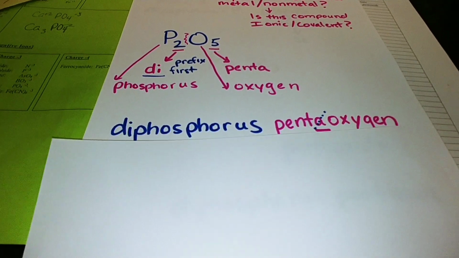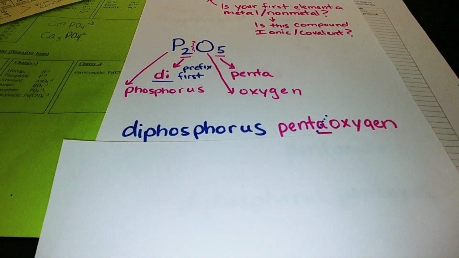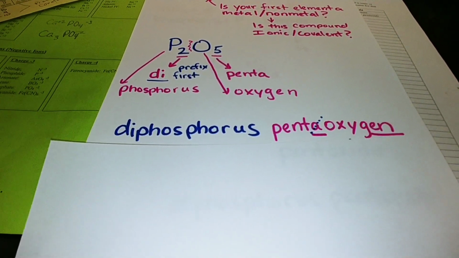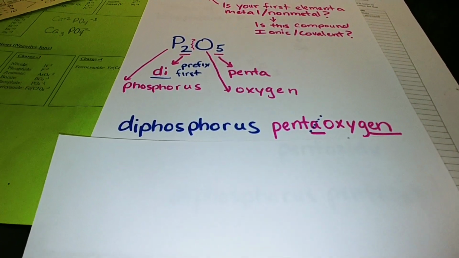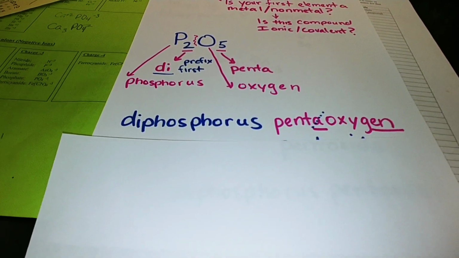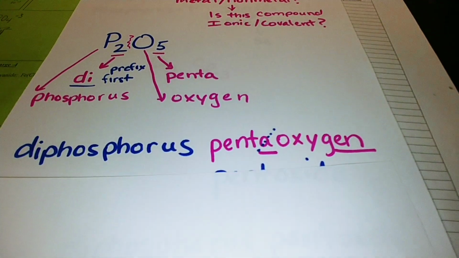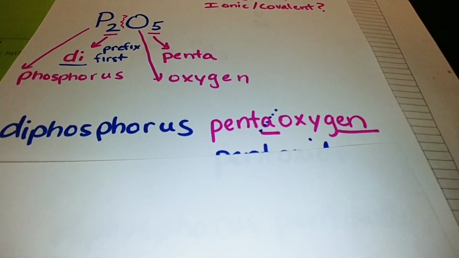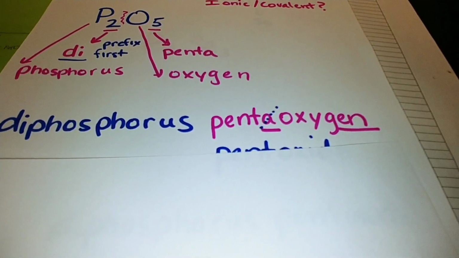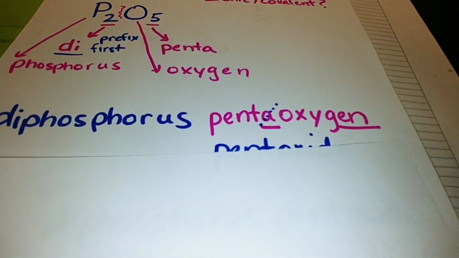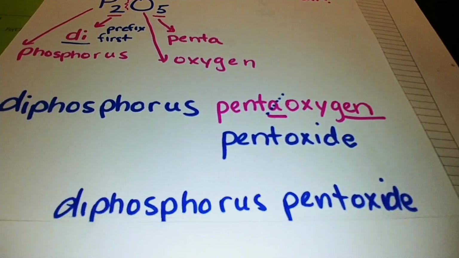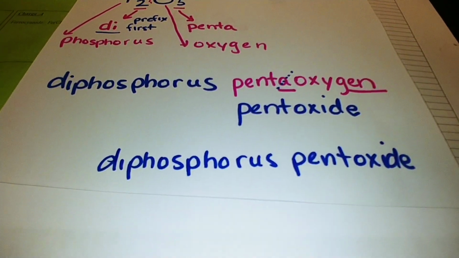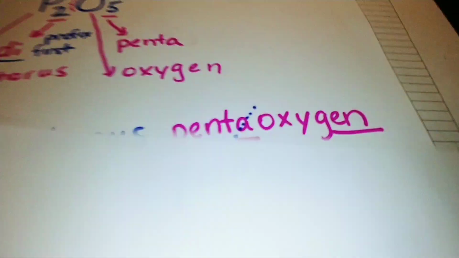So what we have right now is diphosphorus, because the prefixes go first, pentaoxygen. But the second word is not right. First of all, the ending for the second word should always end in "ide." And whenever you have oxide, you have to drop the vowel from the prefix, in this case, the A. So it becomes pentoxide. So our word here is diphosphorus pentoxide.